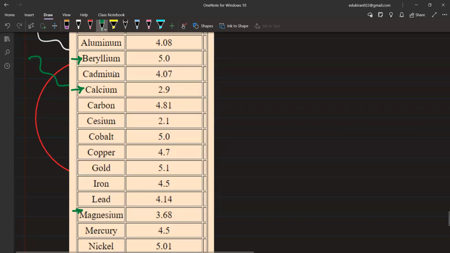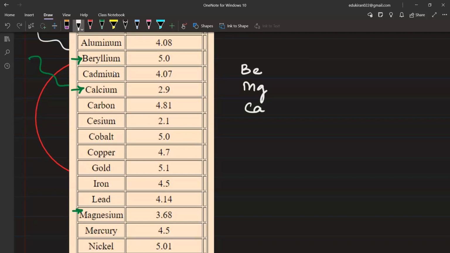Beryllium requires the most. After that, magnesium and then calcium, right? Magnesium and then calcium. Correct.